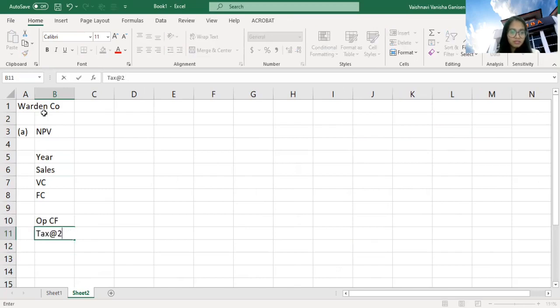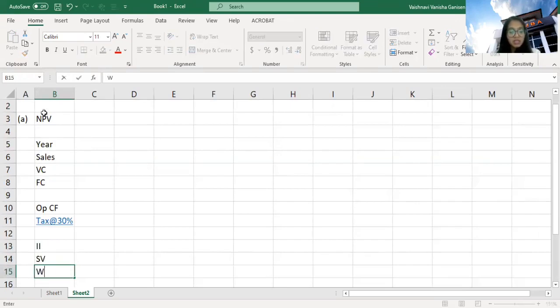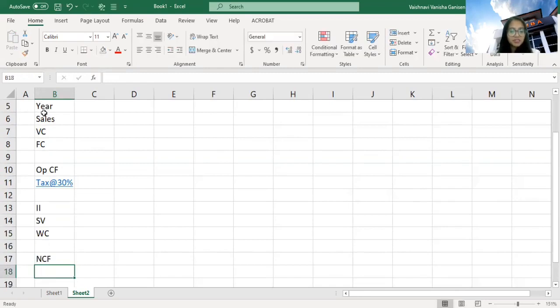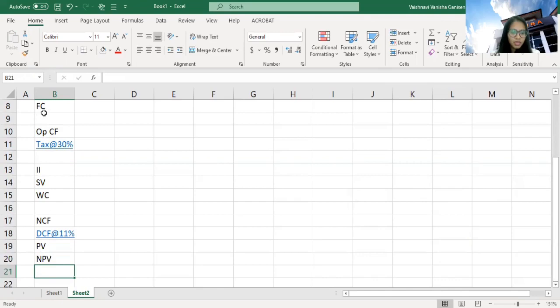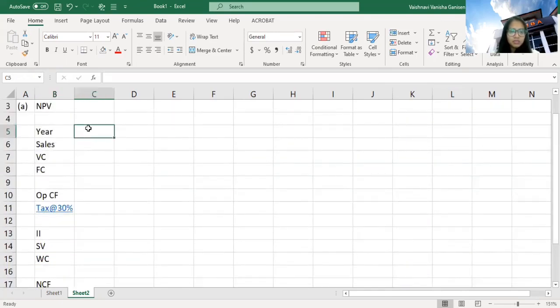Tax at 30%. Okay. Then initial investments, scrap value, no capital allowances, and working capital. Net cash flow, discount factor, PV. How much is my discount factor, guys? 11%. So year 0, year 1, 2, 3, 4, 5, 6, because the project life is 5 years and tax is in arrears, so 1 year later.